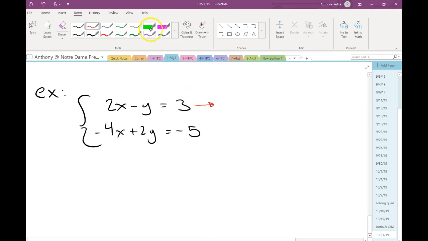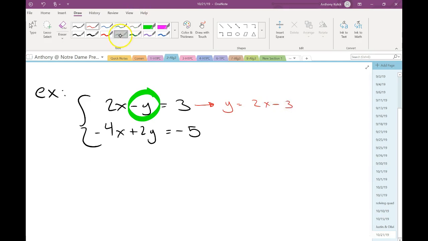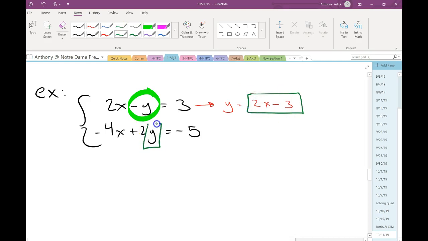So, just like before, let's isolate the y here. And just like before, we'll substitute that in for the y in the second equation. So doing the same thing that we did in the previous problem.